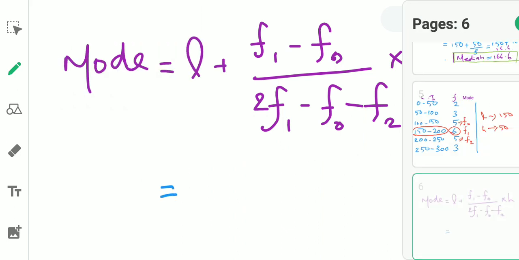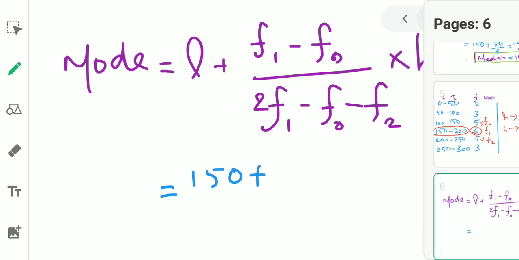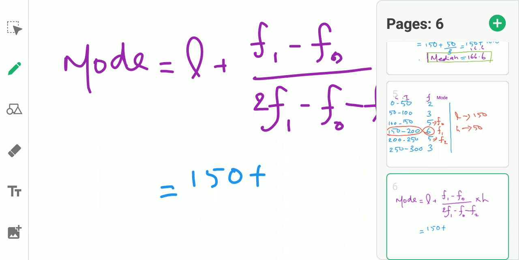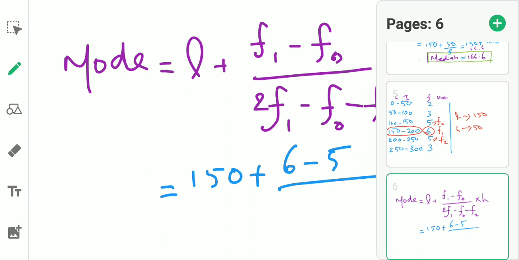So the value of L is 150 plus the value of F1. F1 is 6, F0 is 5. So 6 minus 5 divided by 2F1. So F1 has to be multiplied by 2.